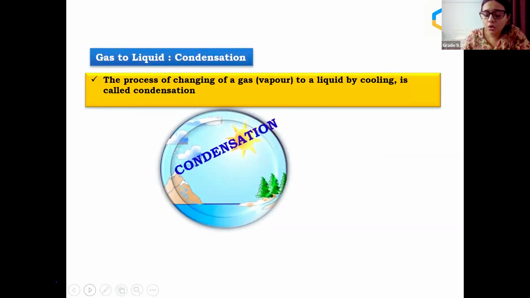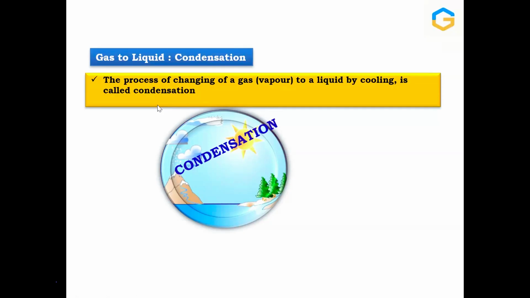Is condensation involved in the water cycle, students? If it is involved, in which part of the water cycle does condensation happen?